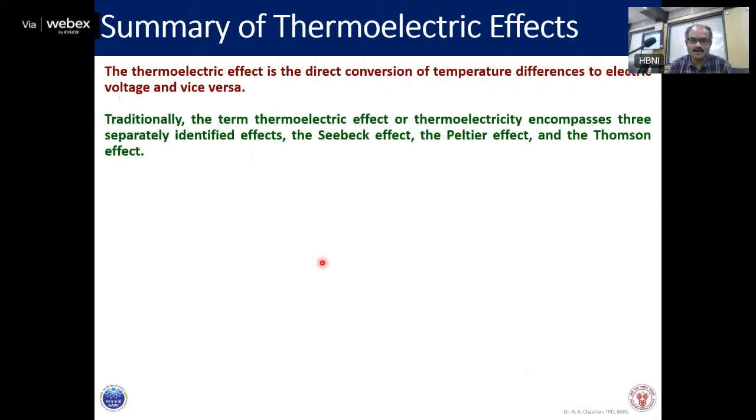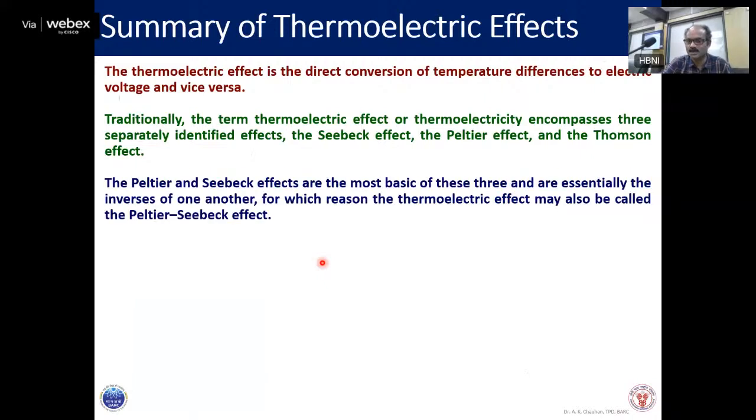So the thermoelectric effect is the direct conversion of temperature difference to an electric voltage, or vice versa. In the case of Peltier devices, traditionally the term thermoelectric effect or thermoelectricity encompasses three separate effects.